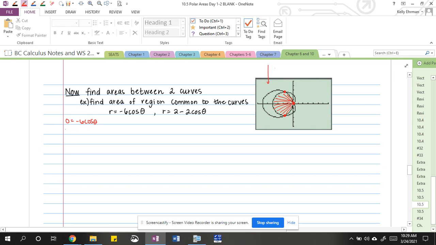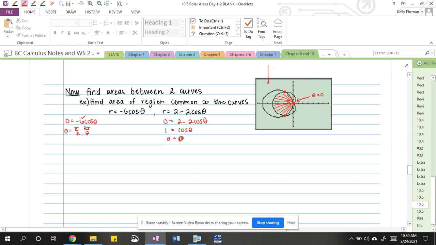Yep, cosine theta hits 0 when theta is pi/2, 3 pi/2. So yes, and then 0 equals 2 minus 2 cosine theta. Subtract 2, divide by -2, that's 1. That happens when cosine is 0. Okay, so 0, 0.